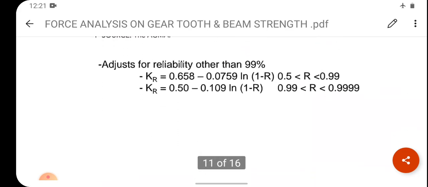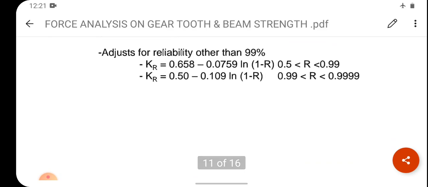So adjust for reliability other than 99%. अगर 99% से अलग है सो उसके लिए हम एडजस्ट करते हैं कितना होना चाहिए. Adjust for reliability other than 99%. So Kr value is equal to 0.658 less than, range is 0.658 to 0.0759 and 1 to r, that is 0.5 less than r less than 0.99.